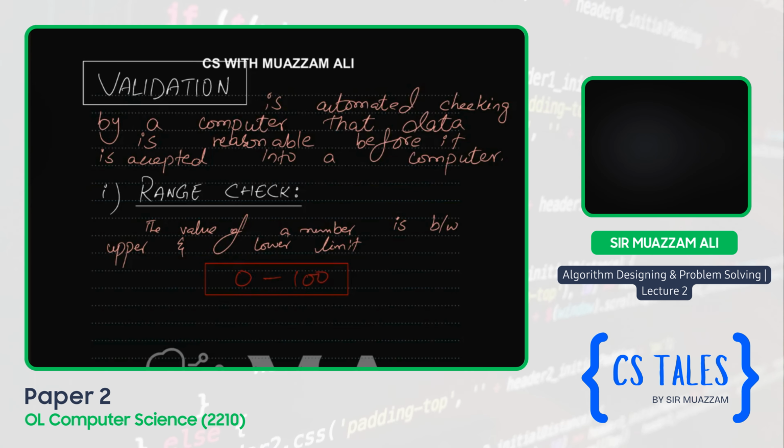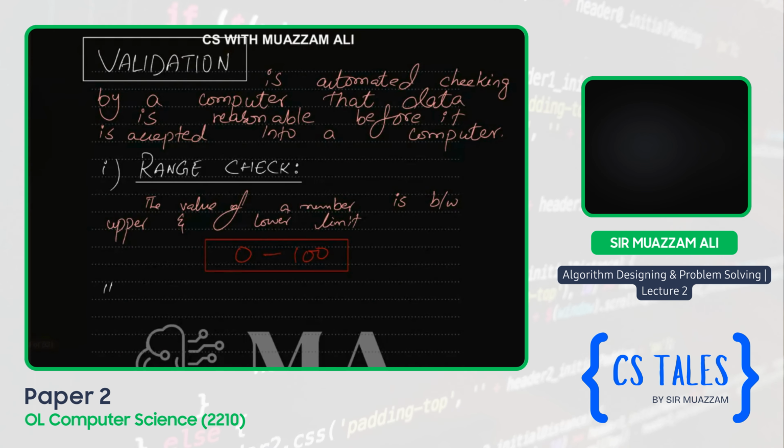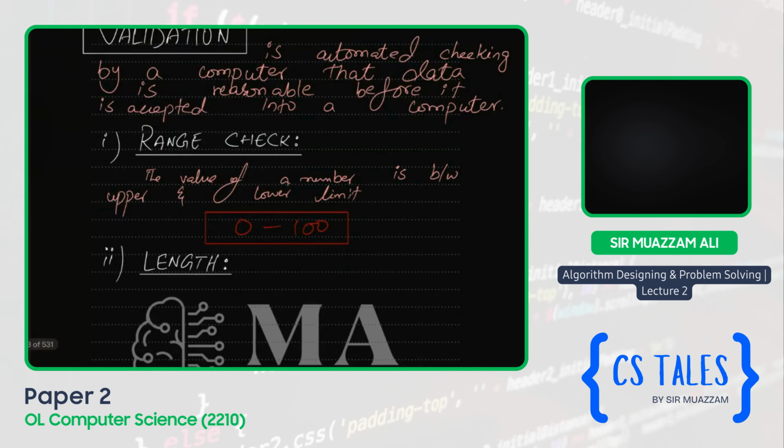The next type of validation is the length check. Length check means you use it automatically on passwords. Let's suppose you enter an exact number of characters. If your password length is 8, it will tell you. Suppose in pseudocode you say that if the length of the password is not equal to 8, then output that your password is incorrect or weak.